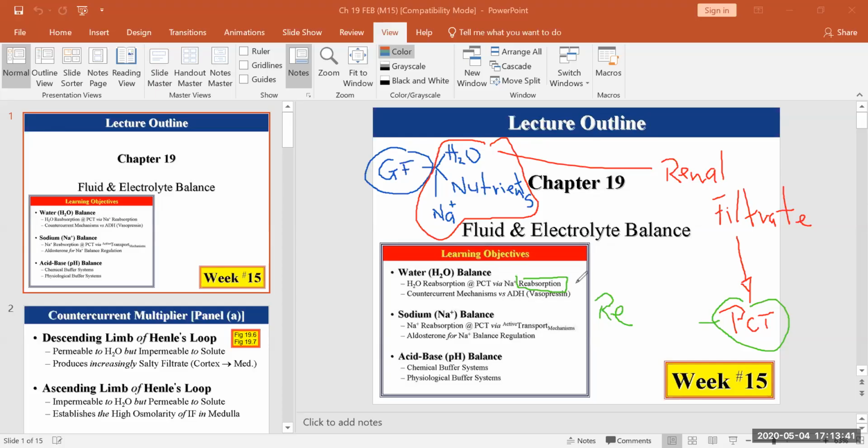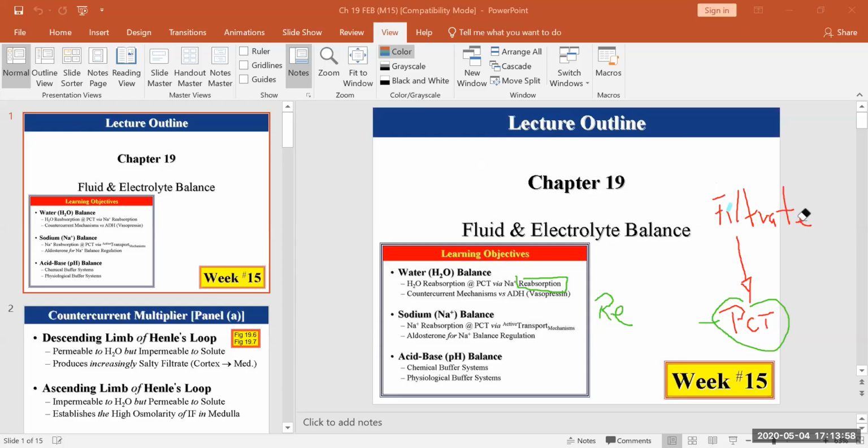It is used to buffer acidification of the pH in our body fluids. Okay, so that's basically bridging the last recording to today's recording. So part 1 of the urinary system chapter with part 2 today.